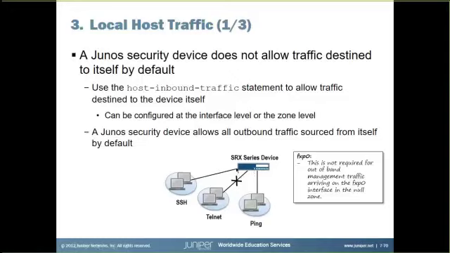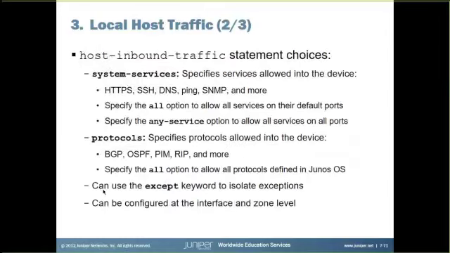The host-inbound-traffic has two choices. I have system services or protocols. Within system services, you have services such as HTTP, HTTPS, SSH, DNS, and so on. You can specify all, or you can specify any-service, where all is anything on their default ports. Any-service is everything. Doesn't matter what port it is, I'm going to allow it.